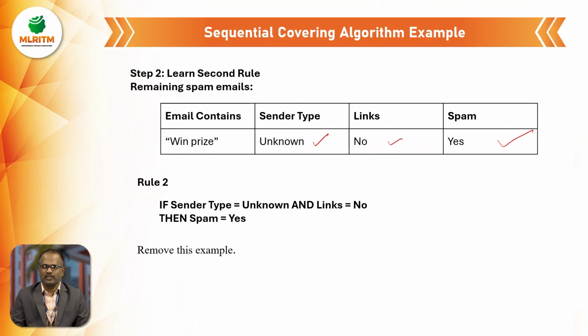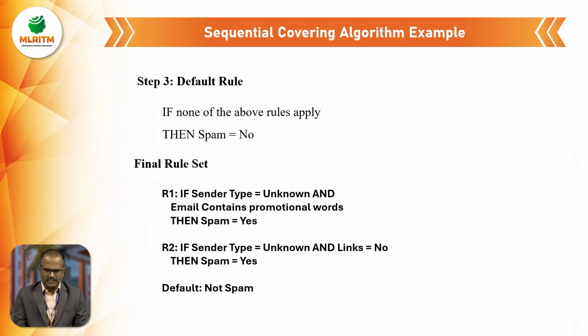This is rule 2. So now we covered all positive examples. Only negative examples are left. Rule 3 is default. What is that? If none of the above rules are applied, if rule 1 is not applied and rule 2 is also not applied, then spam no.